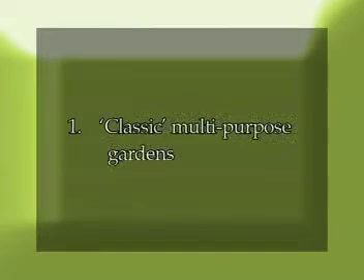The major types of botanic gardens in the world are: number 1, classic multipurpose gardens, often institutions which are actively engaged in horticulture and horticultural training, research, particularly in taxonomy with associated herbaria and laboratories, and public education and amenity.